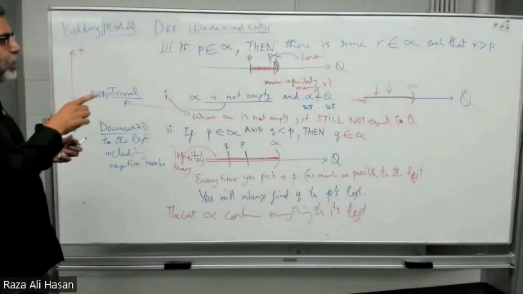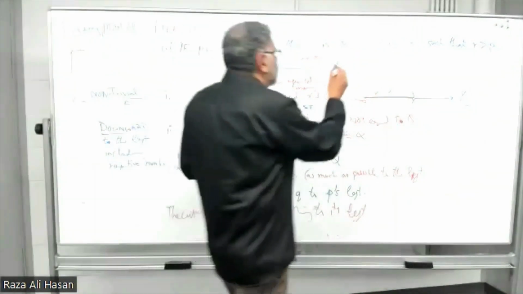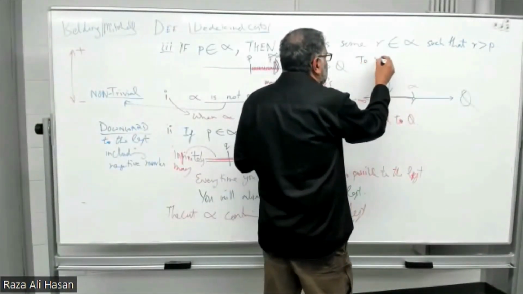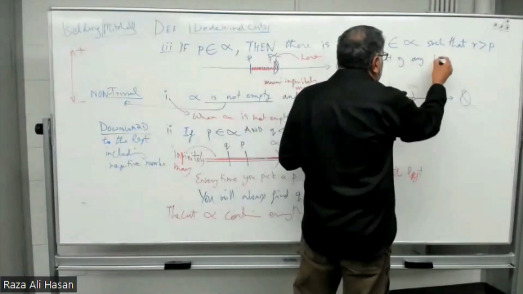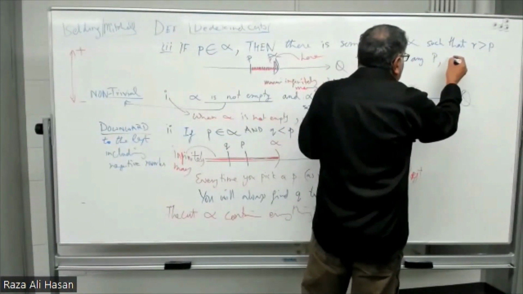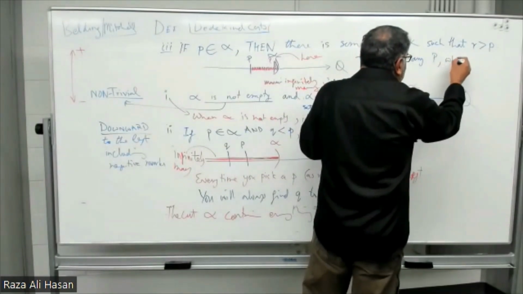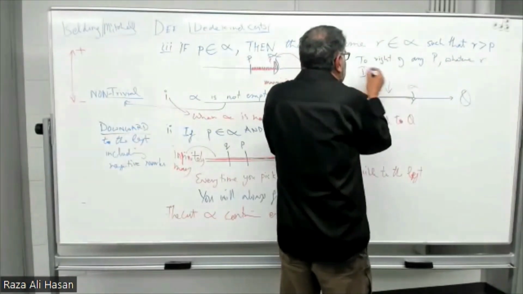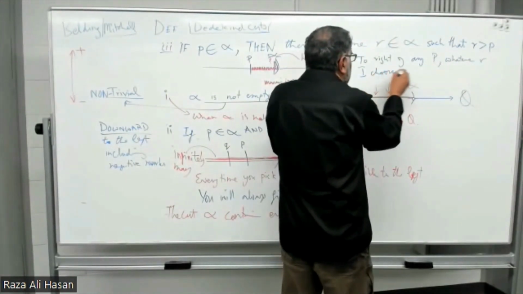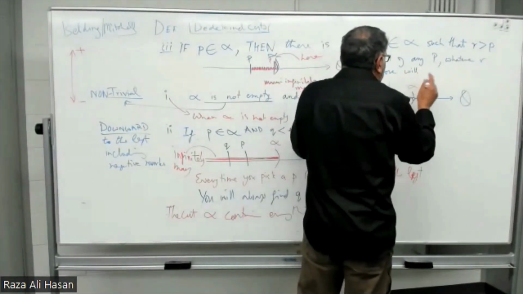I can never find what? To the right of any P, whatever R I choose will be bigger.